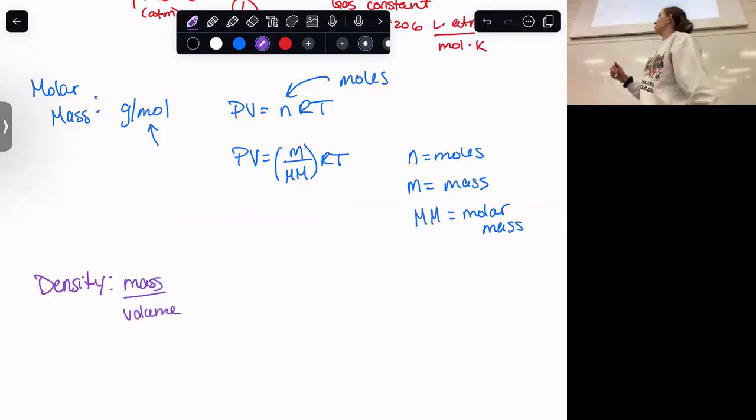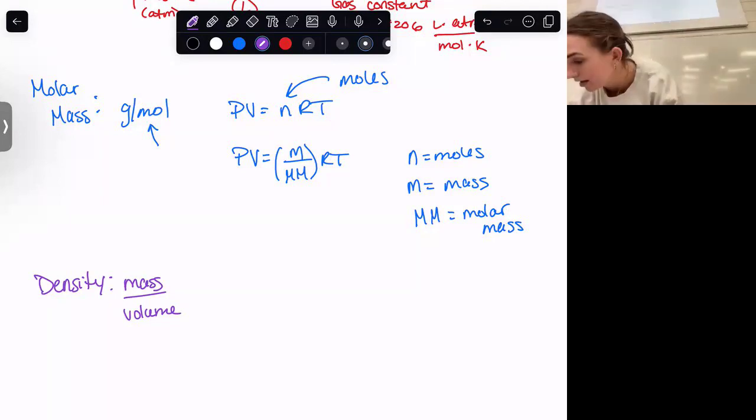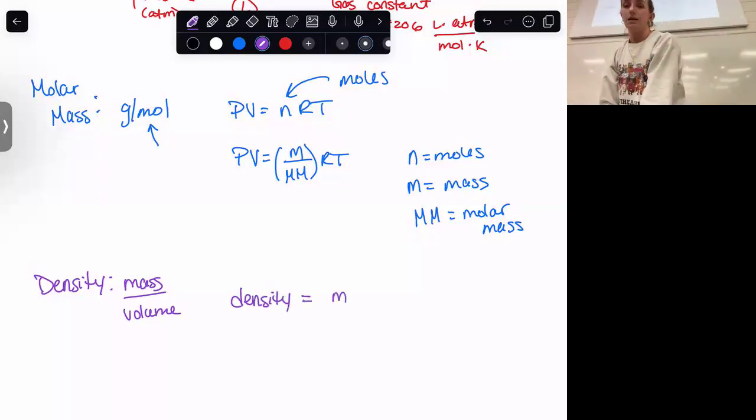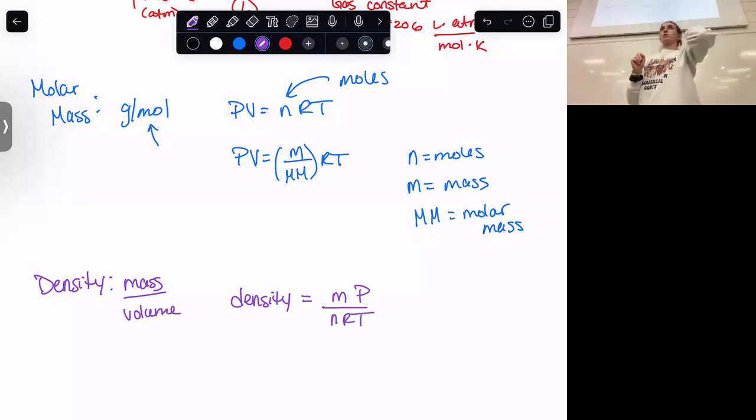So volume comes into play with your V component of PV equals nRT. If you rearrange that a little bit, you can get that the density of a gas is equal to M, as in mass again, times pressure divided by nRT. And that would give you the density of your gas.